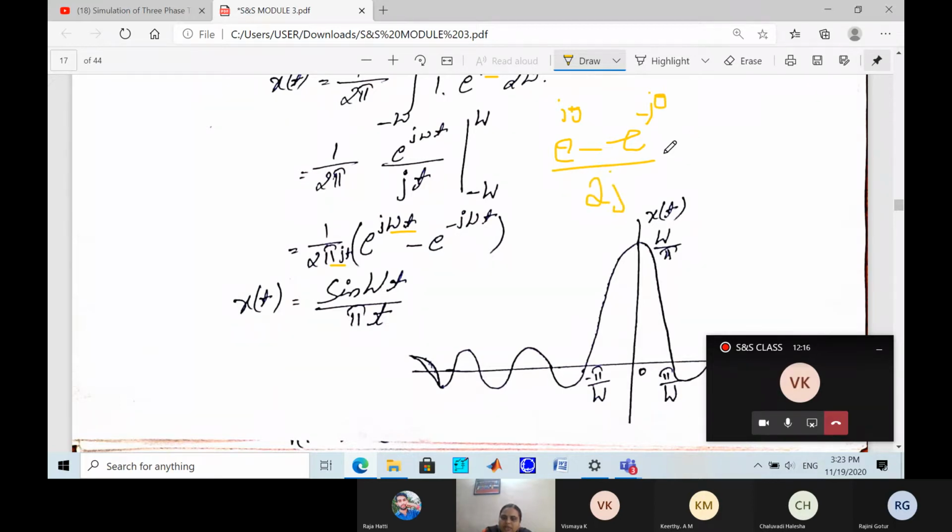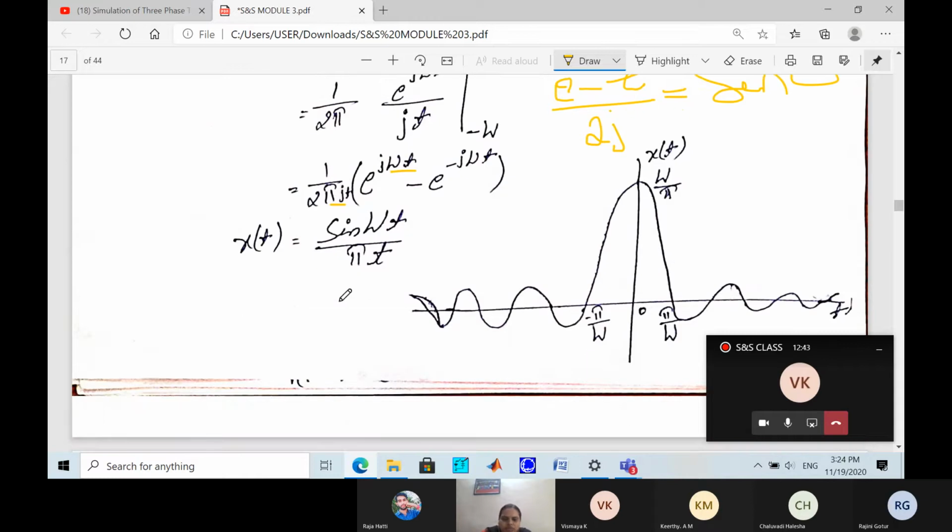I hope you remember these equations in terms of exponentials for cos and sine. That's what is written here: sine wt divided by pi t. The 2j goes into the sine, and the remaining is only pi t.